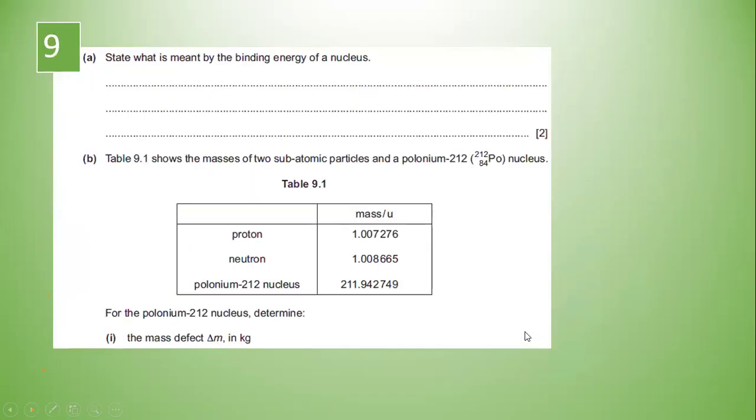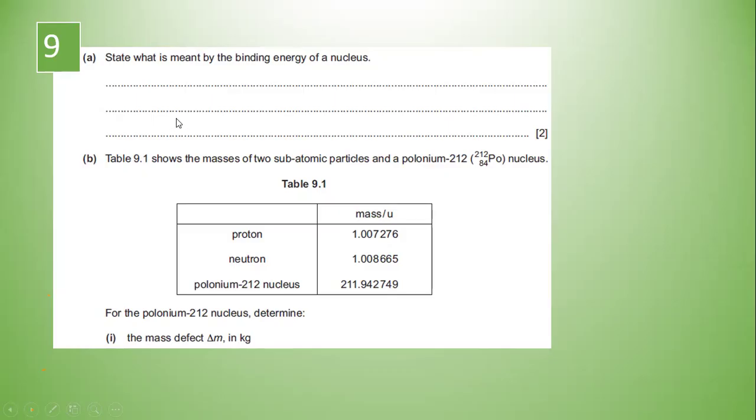State what is meant by binding energy of a nucleus. Okay, you want to try? It is the energy required to separate the nucleus into its nucleons to infinity.